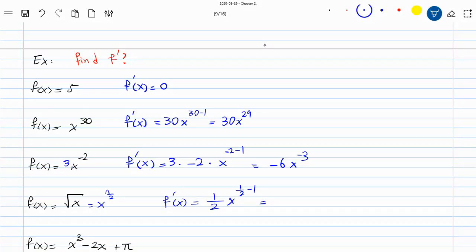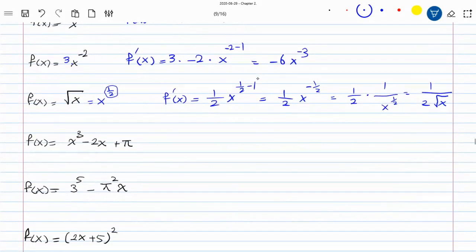You always drag down the exponent and subtract 1 from the exponent. So 1/2 x to the power 1/2 minus 1 is simply negative 1/2. You can rewrite this as 1/2 times, move it to the denominator and make it positive, 1 divided by x to the power 1/2. 1 times 1 is 1, and 2 times x to the power 1/2 is 2 square root of x. So you get 1 divided by 2 root x.